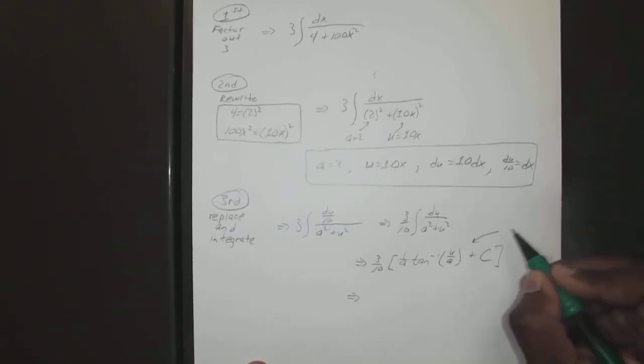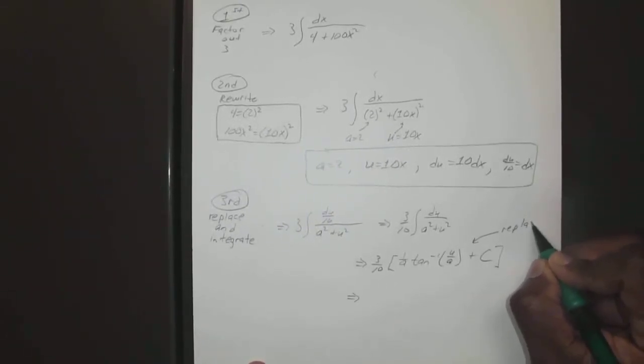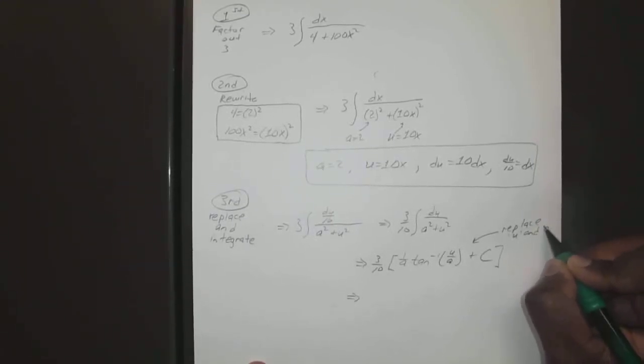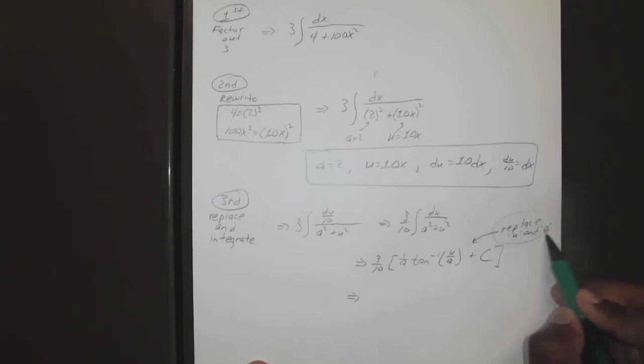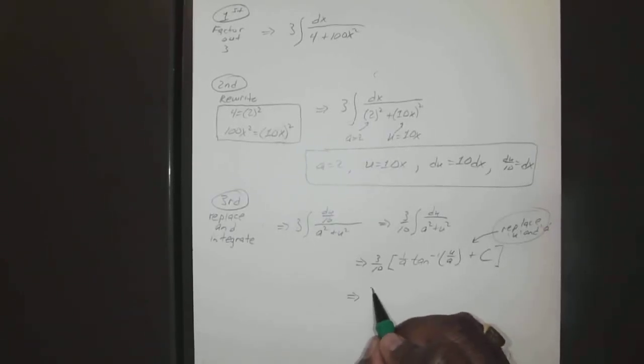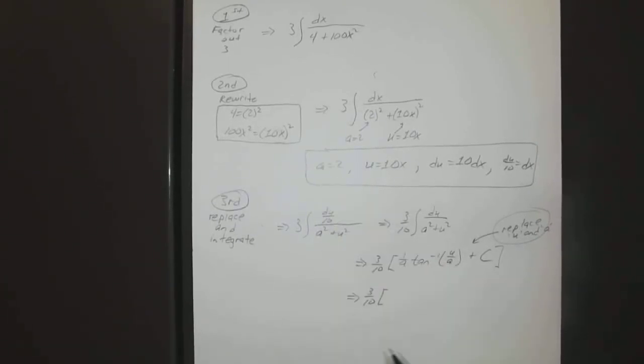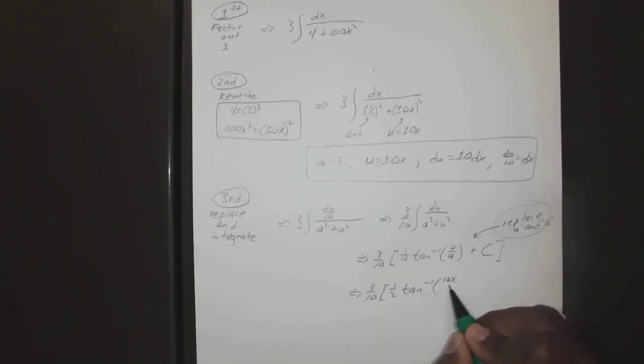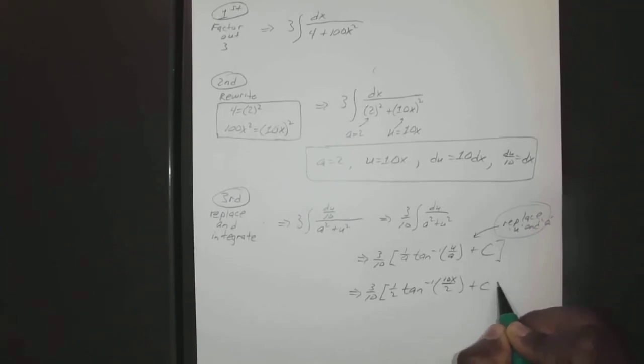Now you just replace u and a. That gives us 3 over 10 times 1 over a, so that's 1/2, times tangent inverse of 10x over 2 plus c.